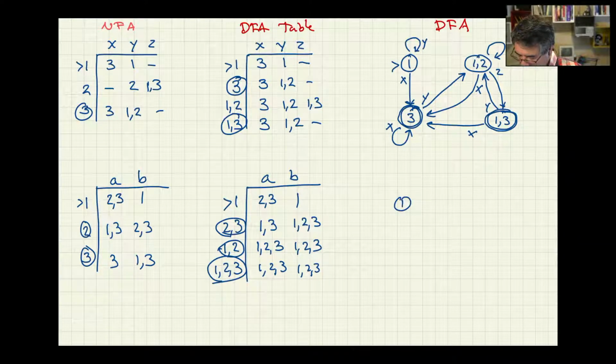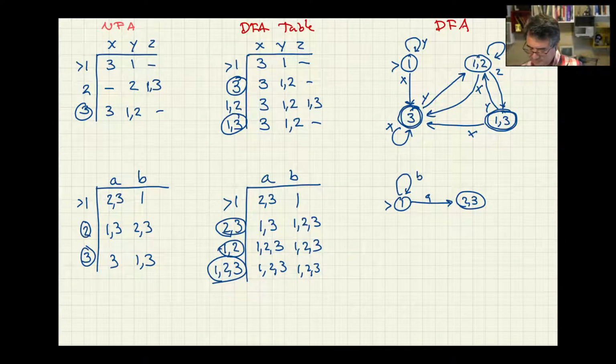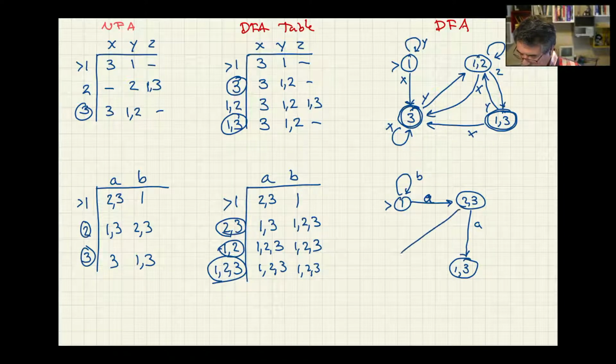All right, so state number 1 on an A goes to 2, 3, and on a B goes back to itself. State 2, 3 on an A goes to 1, 3, and on a B goes to 1, 2, 3.